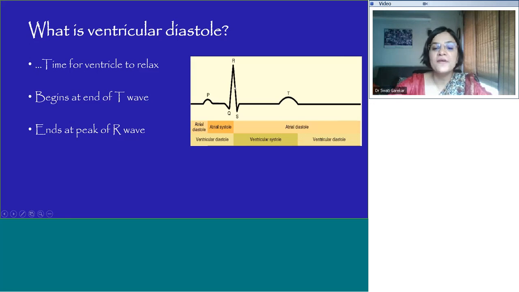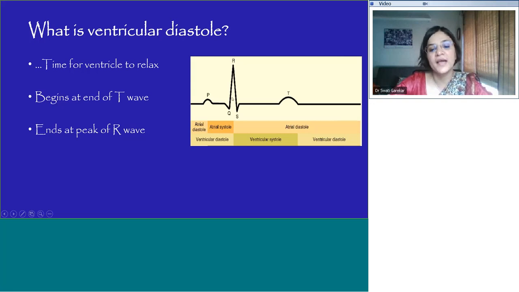Unfortunately, all of our explanations, cardiac cycles, and everything start with where the P wave begins. So ventricular diastole beginning kind of falls in the middle of the whole diagram, and where it ends is at the peak of the R wave right here. So you have to go from here right up to this side, up to where the R ends.